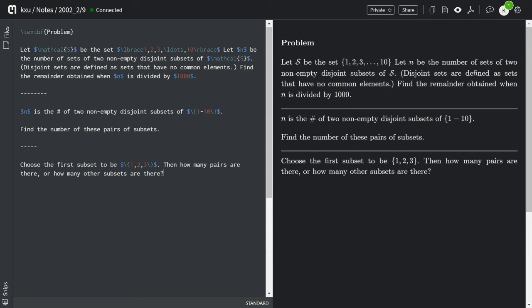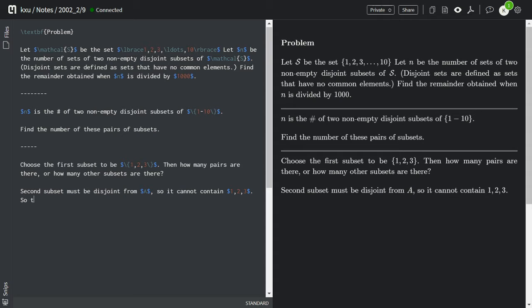So we're trying to pick the second subset of S. The second subset must be disjoint from A, where A is 1, 2, 3. So it cannot contain any of the elements 1, 2, 3. And that means it can only contain elements from 4 through 10. So this subset must be a subset of 4 through 10.